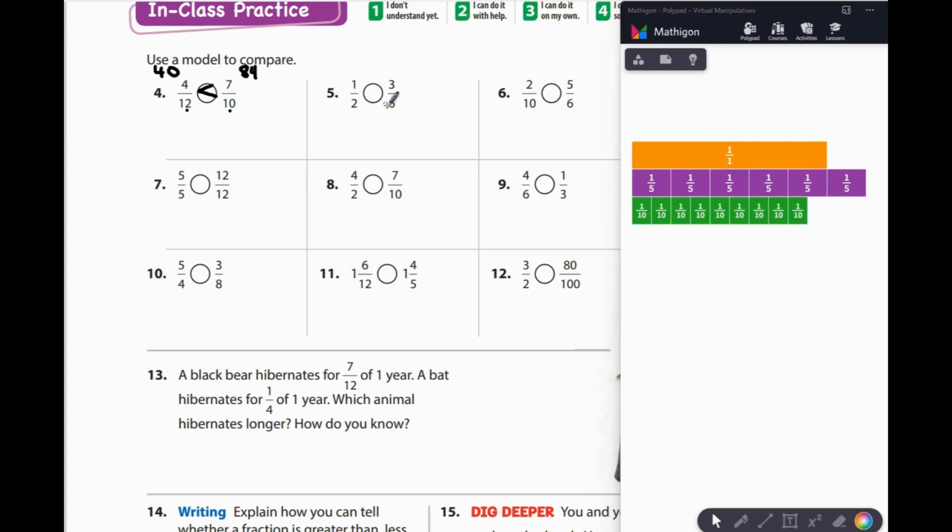I know we said less is more, but I want you to look real close if you notice something. Right. We're comparing it to a half, right? Well, the thing is that this is a half. Look at 3/6. Isn't 3 half of 6? It is half of 6.